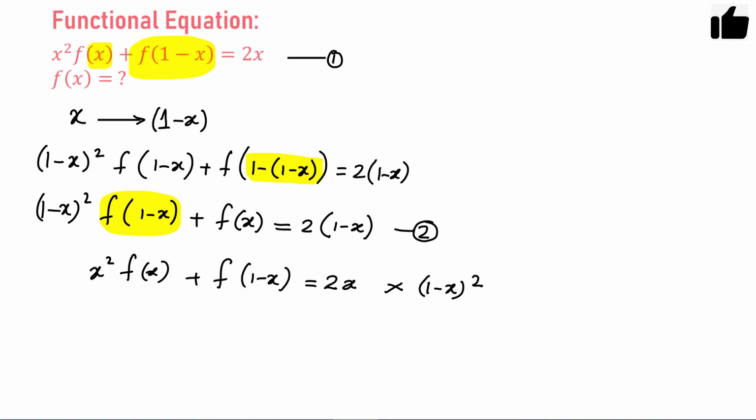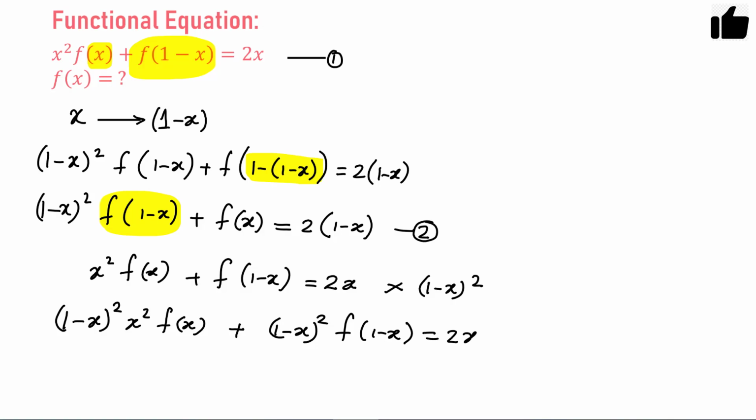If you multiply, what you will have? You will have (1 minus x) whole squared x squared f(x), plus (1 minus x) whole squared f(1 minus x), and on this side 2x times (1 minus x) whole squared. And let us write equation 2 just below this so that we can cancel out.